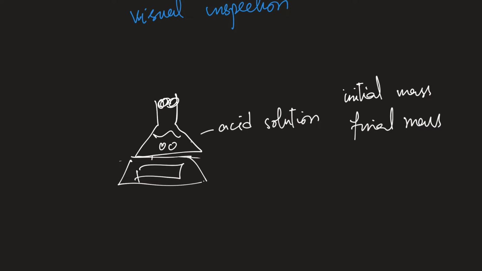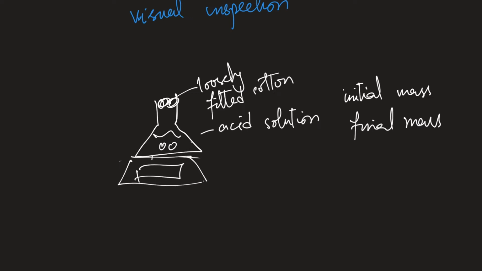So you have magnesium in there and all that. But this loosely fitted cotton will make sure that any gas from the air is not going to come in and dissolve in the acid solution. So now you will get a change in the mass. You will measure the initial mass, the final mass, and in fact, you can even measure the change after a certain interval of time.